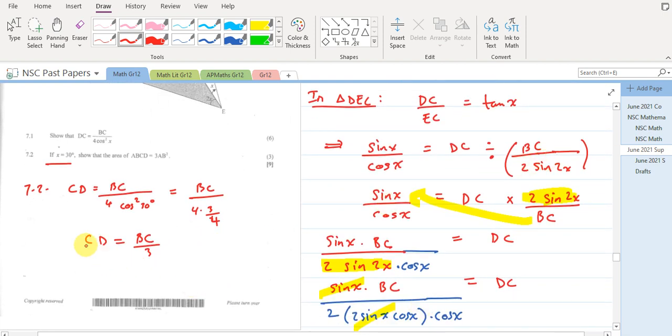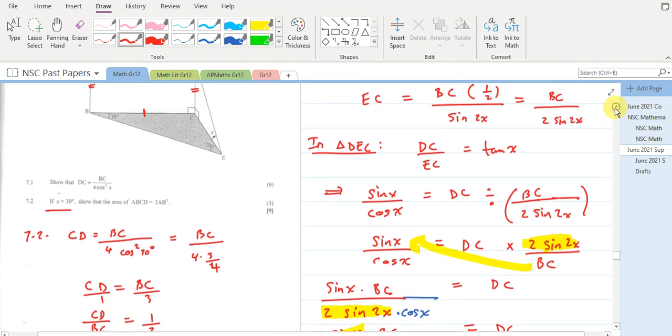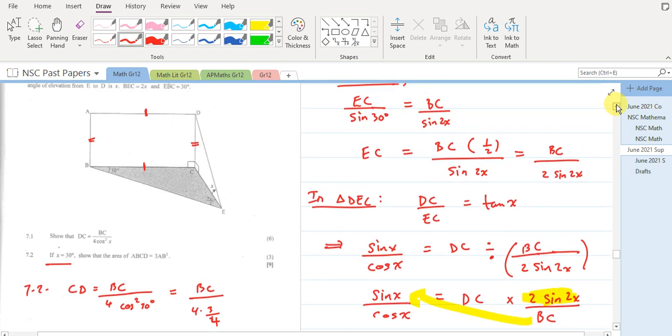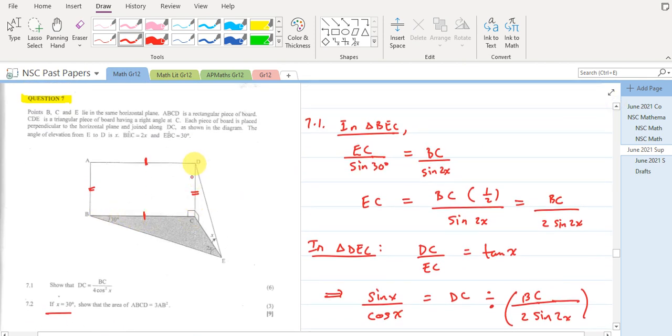In other words, if we cross multiply or bring this BC down and take this 1 across, we got CD is to BC is equal to 1 is to 3. That's what we're saying. CD is to BC is 1 is to 3.